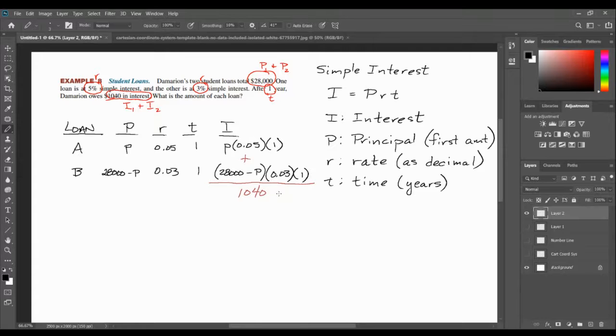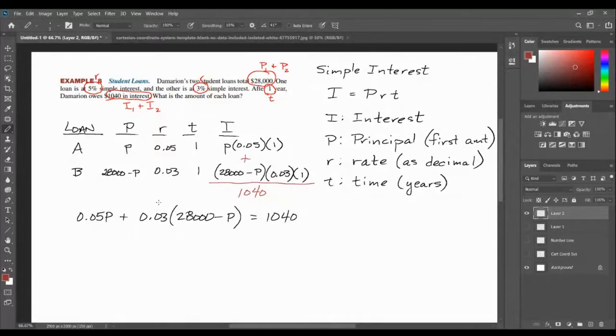Now, looking at everything here in this right-hand column of the table, I could say that 0.05p, which is just the product of those three for loan A, plus 0.03 times (28,000 minus p), again times 1, equals 1040. So there's my formula.